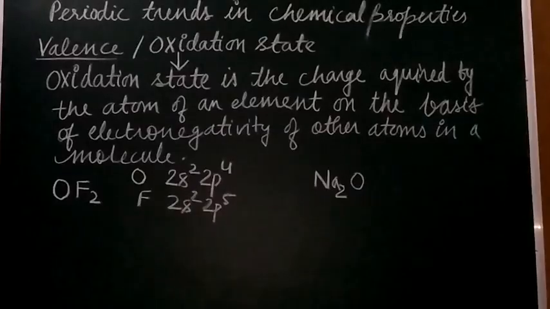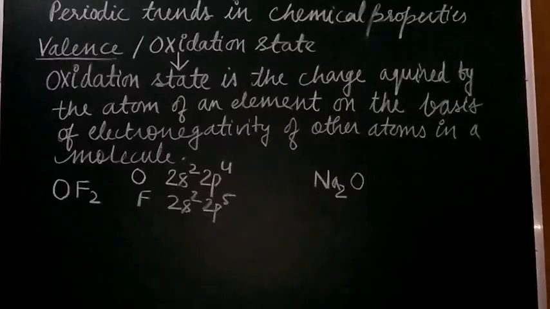So in the formation of the OF2 molecule, each of the two fluorine atoms shares one electron with the oxygen atom, and the oxygen atom shares 2 electrons with the fluorine atoms, right? So again, two fluorine atoms are going to share one electron each with the oxygen atom, and the oxygen atom shares 2 electrons.